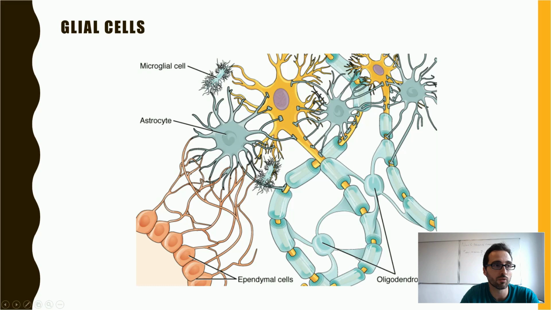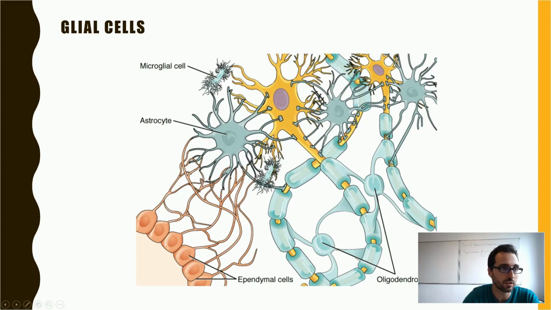They also protect from microorganisms or other kinds of pathogens, and they also give nutrients to the neurons. So they form like a barrier that protects our neurons. It's not like other kinds of tissues that you can find in our bodies. This diagram is from the central nervous tissue. You can find this here.